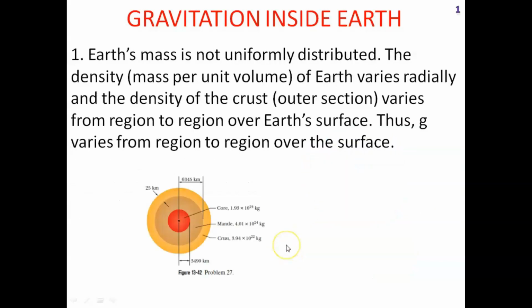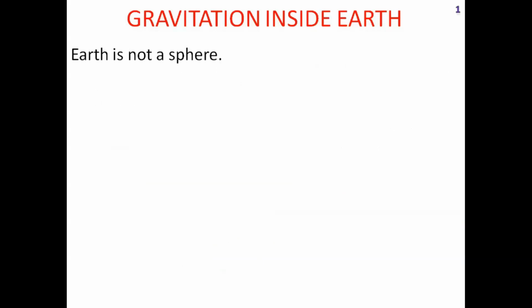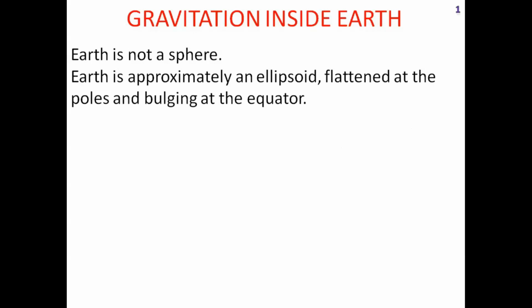As I have already said, this is a pictorial representation of what I said regarding the density, and we are going to ignore the variation in density. We are going to consider the density to be constant throughout. Moreover, I want to mention that Earth is not a sphere. Earth is approximately ellipsoidal, flattened at the poles and bulging at the equator.